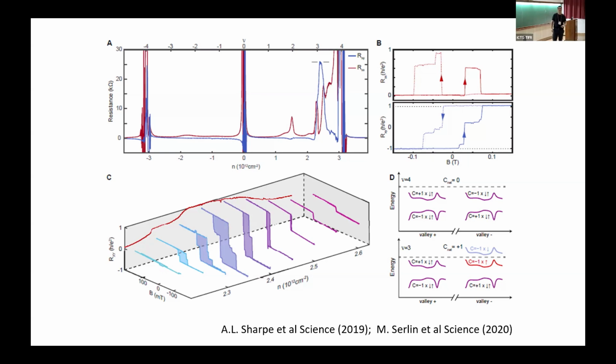And what that does is it takes your narrow band and splits it in each valley into Chern plus and Chern minus. So now at filling factor 3, you have a choice of where you put the last hole, whether you put it in valley K, the top Chern band, or valley K prime, the top opposite Chern band. And this is precisely what they found. They find that they're indeed polarizing it into one valley or the other, and that the Chern number can be detected directly by measuring the quantum anomalous Hall effect.